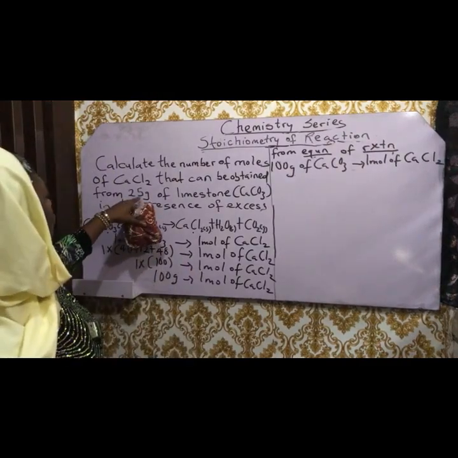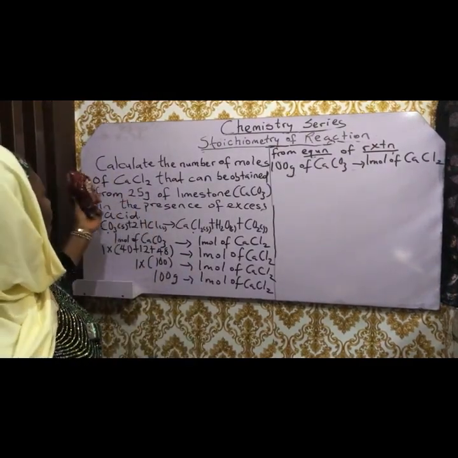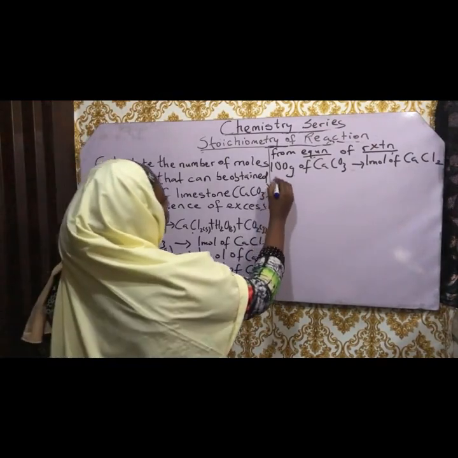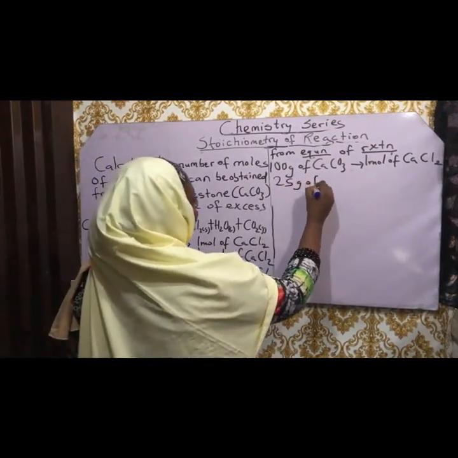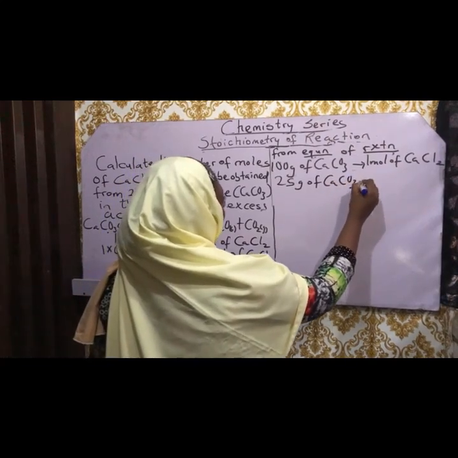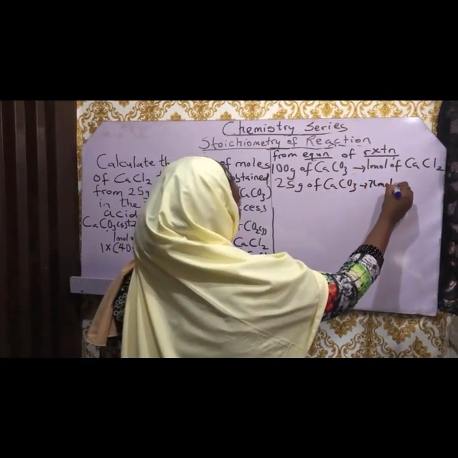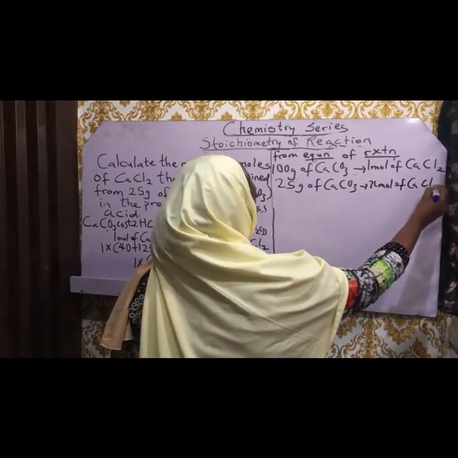From the question, 25 grams of CaCO3 will give x mole of CaCl2.